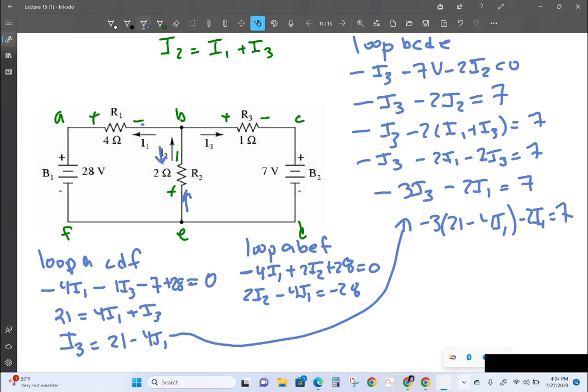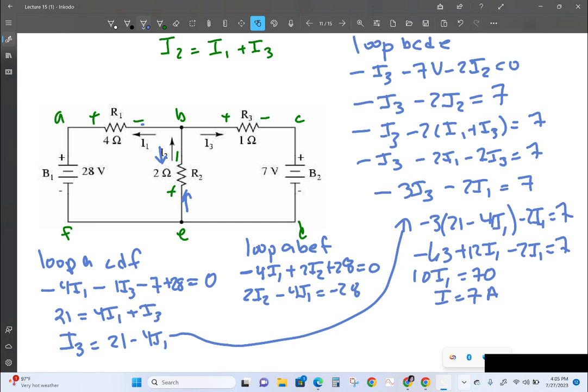Negative 3 times 21 is negative 63. Negative 3 times negative 4 is plus 12I1, minus 2I1 equals 7. Getting everything together, my I's are 10I1. I'm going to add 63 to both sides, so 63 plus 7 equals 70. So I1 equals 7 amps.